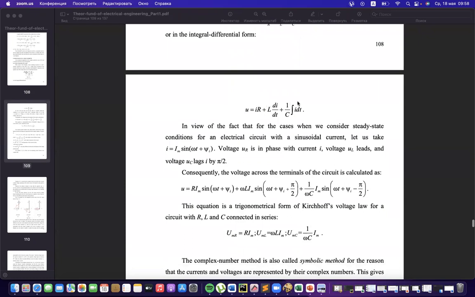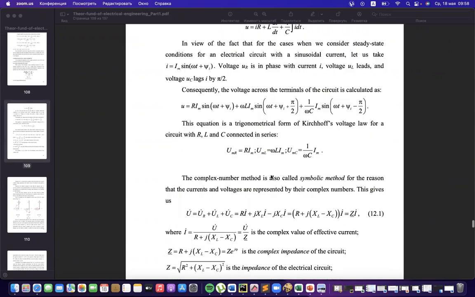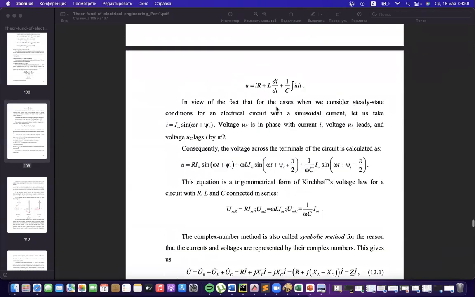In general form, it will be just like that, but in form of complex vectors, they transform in this situation. Generally, you could substitute sinusoidal values instead of currents. From derivative, obtain shifting on plus 90.